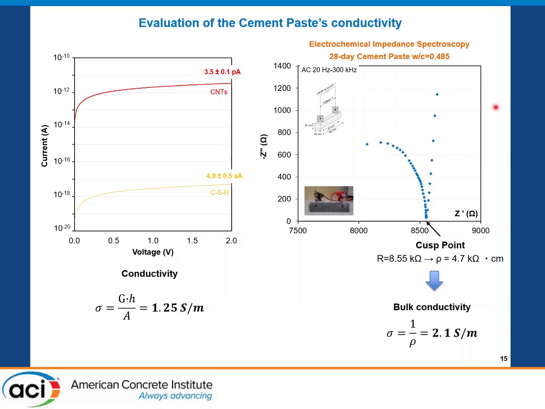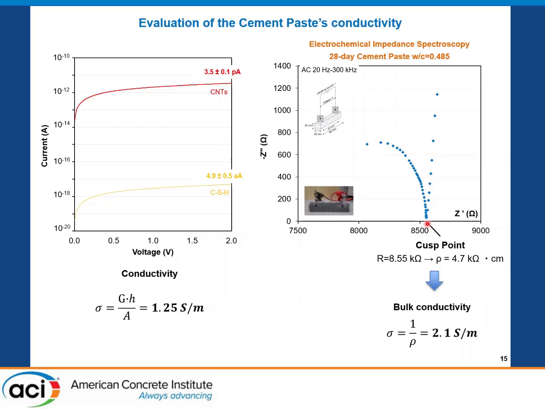And here we see a typical Nyquist plot that reflects the real part of impedance, which is known as resistance, the horizontal part, and the vertical part represents the imaginary part of impedance, the electrical energy absorption capacity of the material. Right at the cusp point, the material acts as a mid resistor, and it can be used to evaluate the real electrical conductivity of the cementitious material.